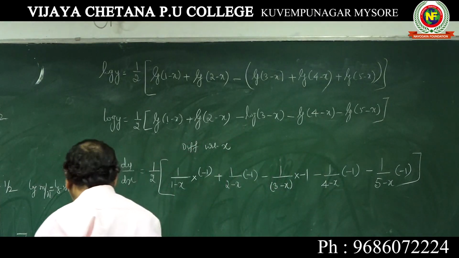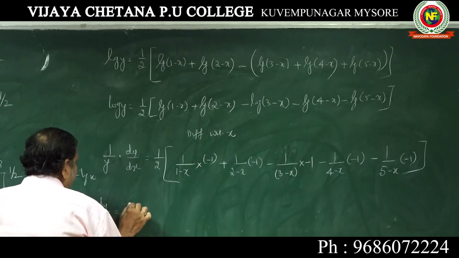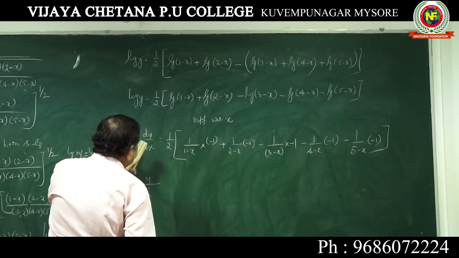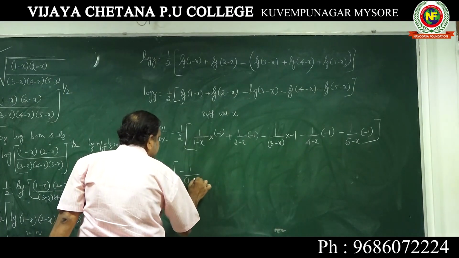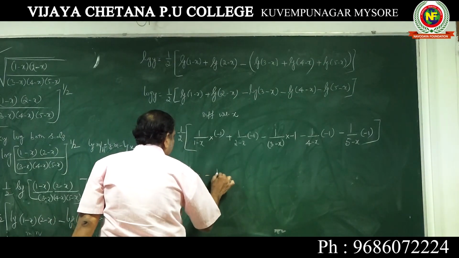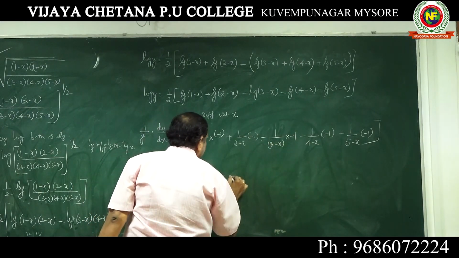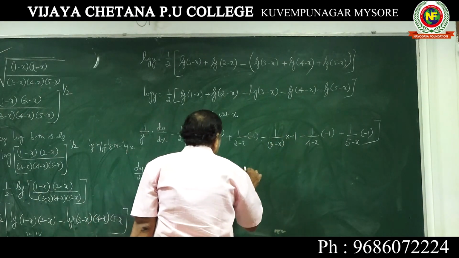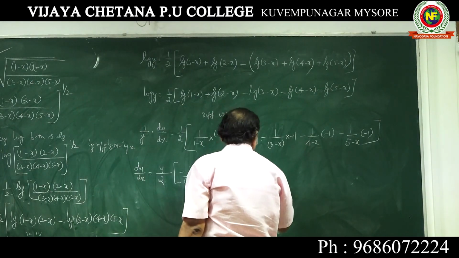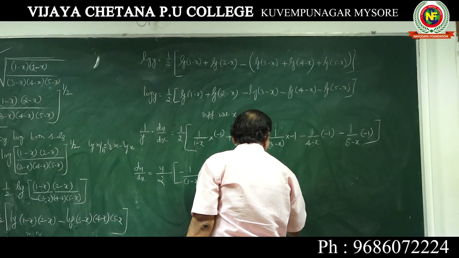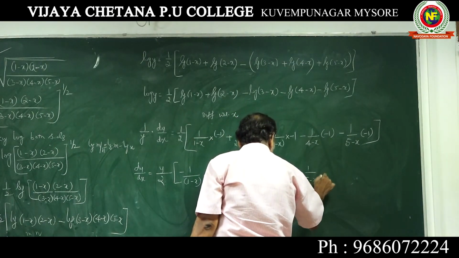Now dy by dx is equal to y by 2. See, this y will go up: y by 2 times minus 1 over 1 minus x minus 1 over 2 minus x, minus into minus becomes plus, plus 1 over 3 minus x, then plus 1 over 4 minus x plus 1 over 5 minus x.